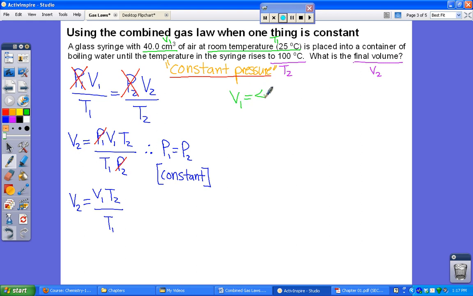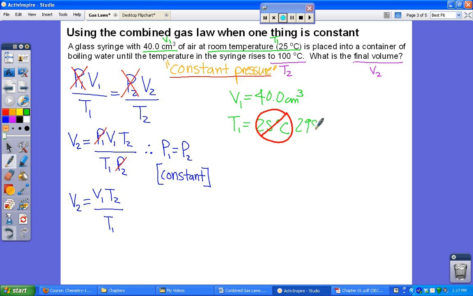V1 is equal to 40.0 centimeters cubed. T1 is equal to 25 degrees Celsius, except it's not, because we don't use Celsius when we're solving gas law problems.